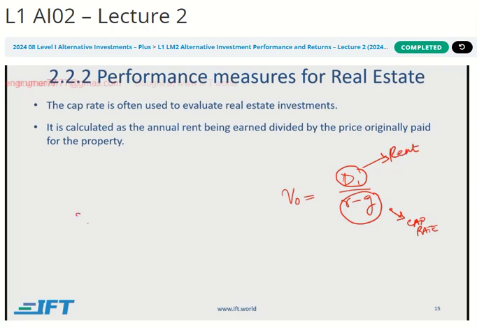So what we are saying is that the value of the property is equal to the rent, right, divided by R minus G, which is the cap rate. So cap rate is just the required rate minus the growth rate. So that is going to be expanded in level 2 as well, right? But for now, that's what it is. It's very simple.